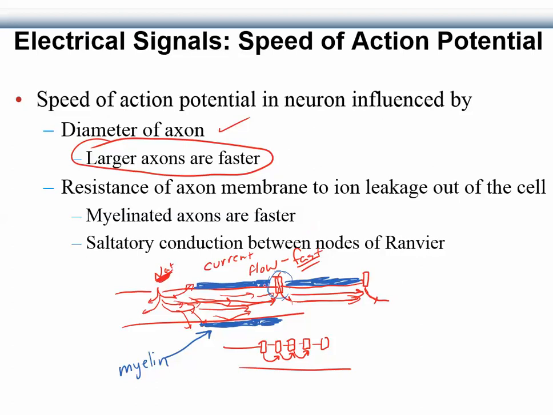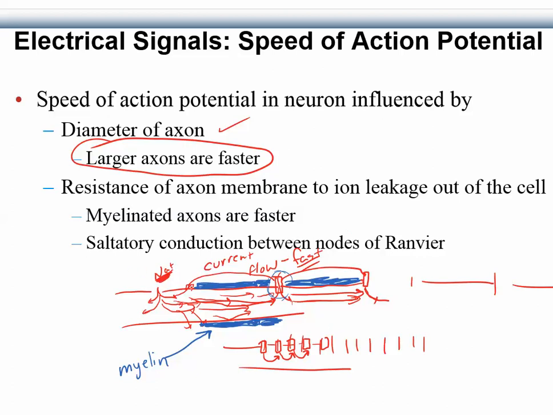So when you're looking at it, it looks like it's going depolarization and then just zips over here, depolarization, then zips over here, and depolarization, instead of just going dump, dump, dump all the way down. This one would be very fast, and this one would be very slow. This one hits there, and then current flow all the way down. I hope that makes sense.